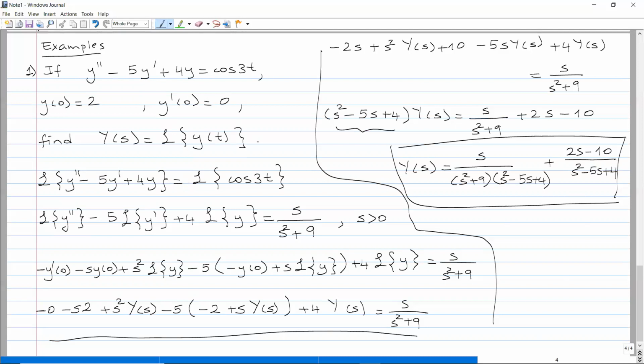First, let's do another example to find this Laplace transform function, and then we are going to talk about finding the inverse Laplace. So let's do another example like this.